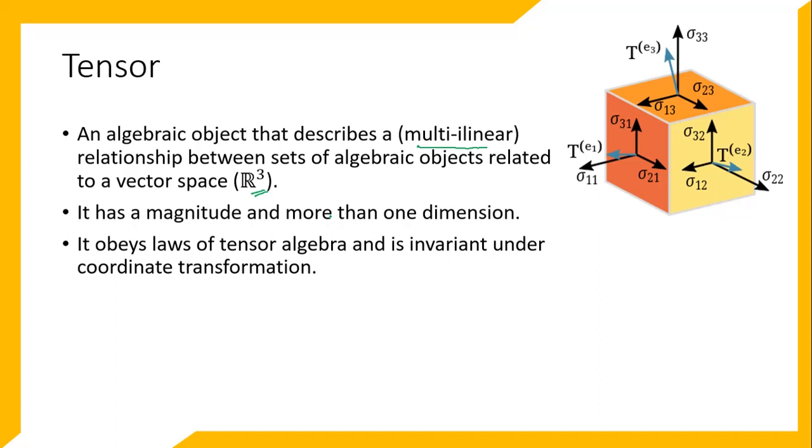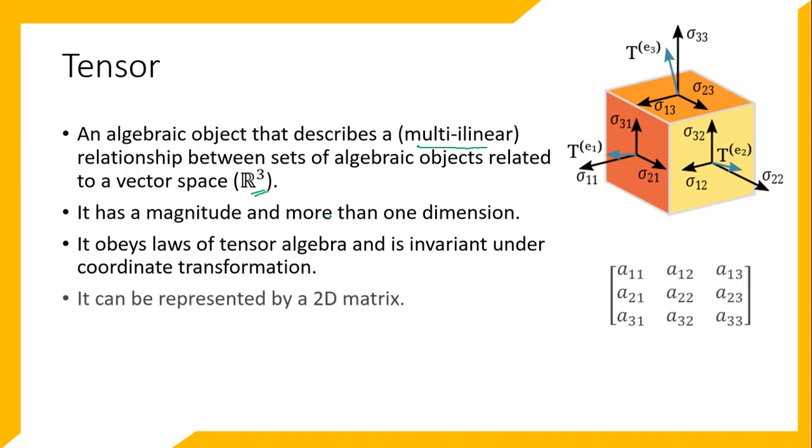A vector obeys the laws of vector algebra, therefore a tensor obeys the laws of tensor algebra, and it is also invariant under coordinate transformation. We represent a vector as a column matrix, or a row matrix in case of transpose, and we represent a tensor as a two-dimensional matrix.